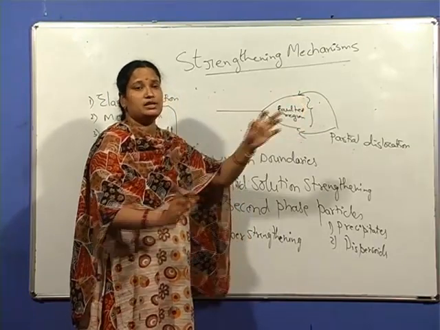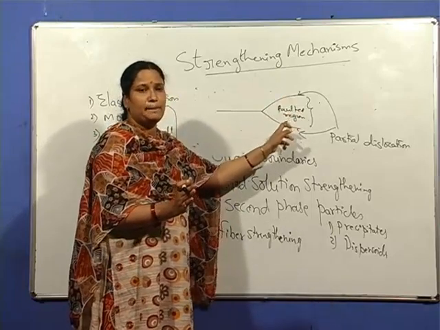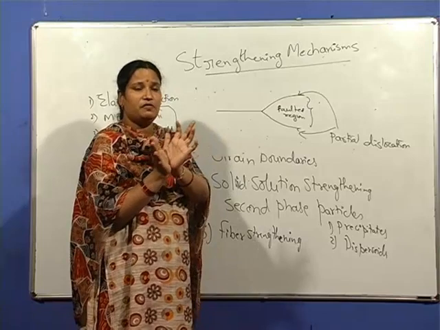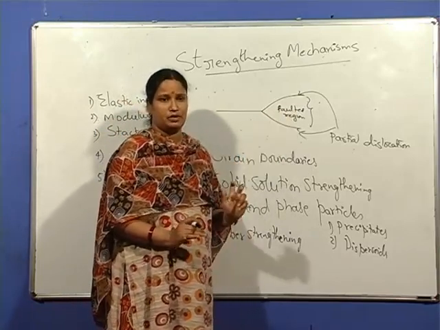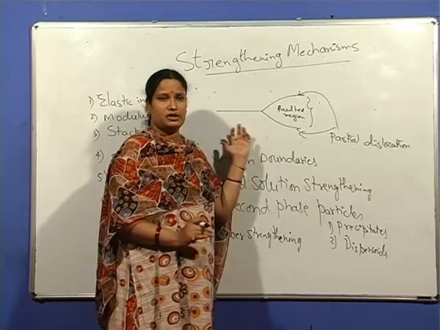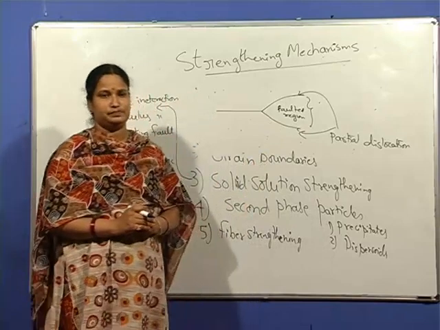If the stacking fault energy is low, the separation between the partials is larger. So it is very difficult for this extended dislocation to move as a unit, because there are many constrictions for it.